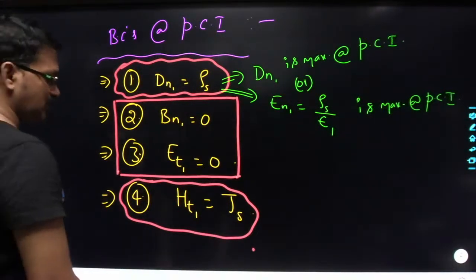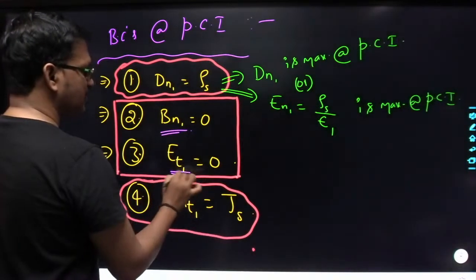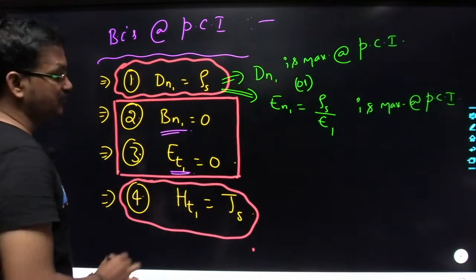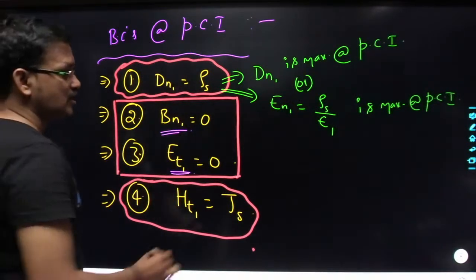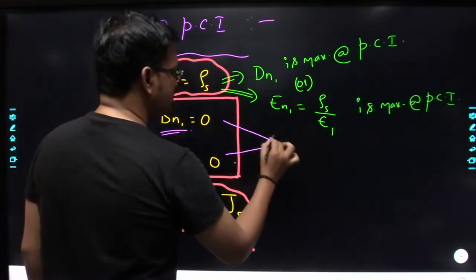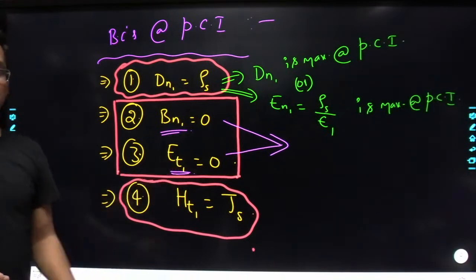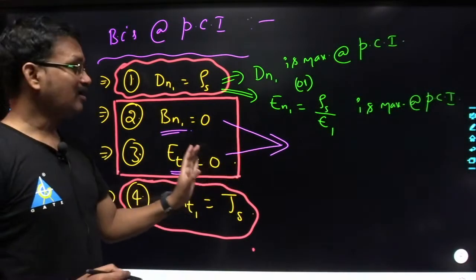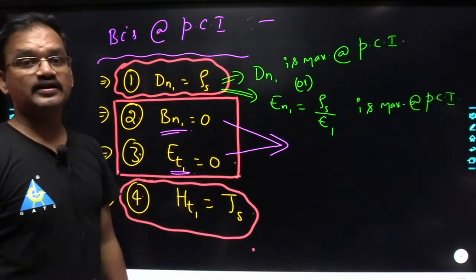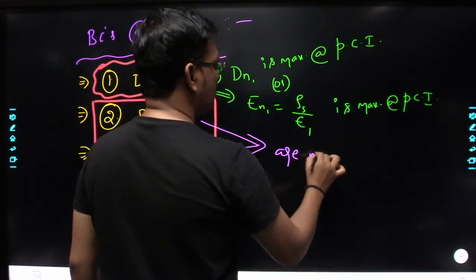Next, if you observe here, Bn1 and Et1 are becoming 0 exactly at the perfect conducting interface. So I can say the normal component of magnetic flux density and the tangential component of electric field intensity are minimum or 0 at the perfect conducting interface.